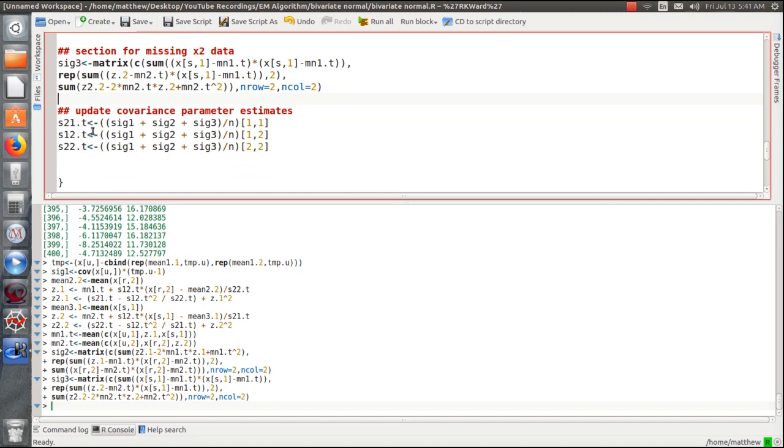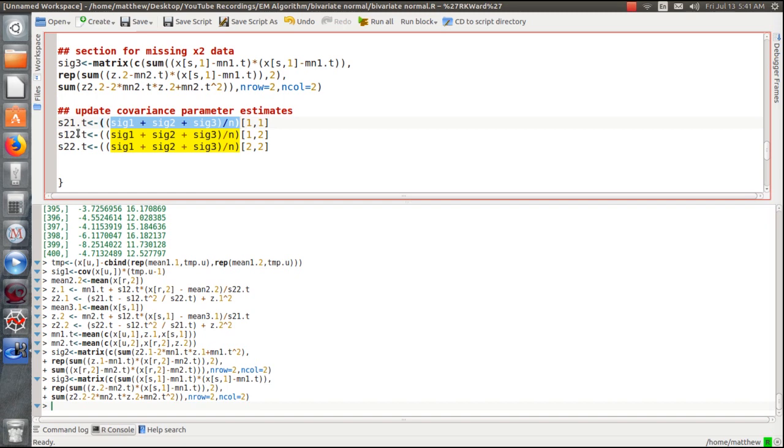So then we take what we just updated, and so this here is our estimate for the sigma covariance matrix. But then I take the top first component, so this is the variance of the first component.